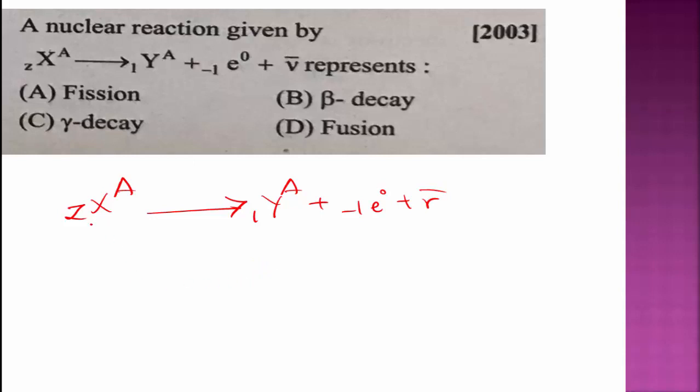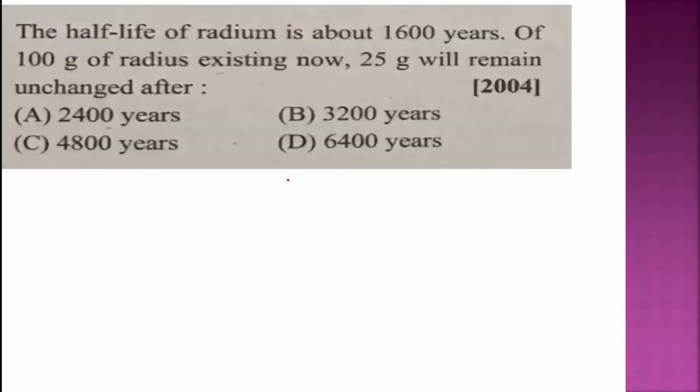Nucleus ZXA changes into Z plus 1 Y A, emitting an electron with an anti-neutrino. So it is a beta decay process, because beta decay is the process in which the atomic number increases by 1 with the emission of an electron and anti-neutrino. Option B is the right answer.